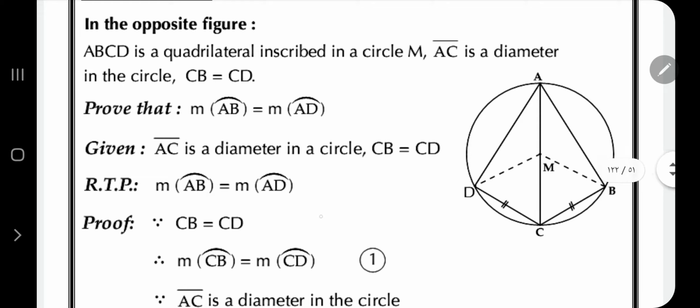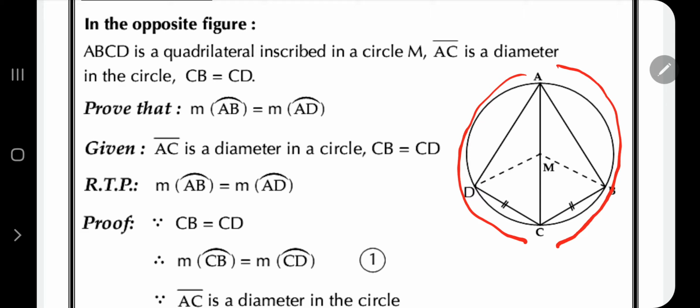The next example, he asked me to prove that measure of arc AB equals measure of arc AD. At first, since AC is diameter, measure of arc ABC equals measure of arc ADC.